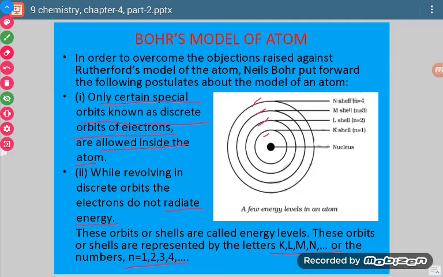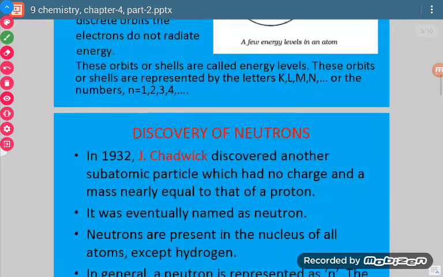Okay, now you can see this is the diagram of Bohr's model of an atom. In this, what is there? There is nucleus in the center. Okay, then there are four shells we have shown, for which n value is 1, 2, 3, 4, and it is denoted by K, L, M and N shells. Okay, so this was the model given by Bohr.